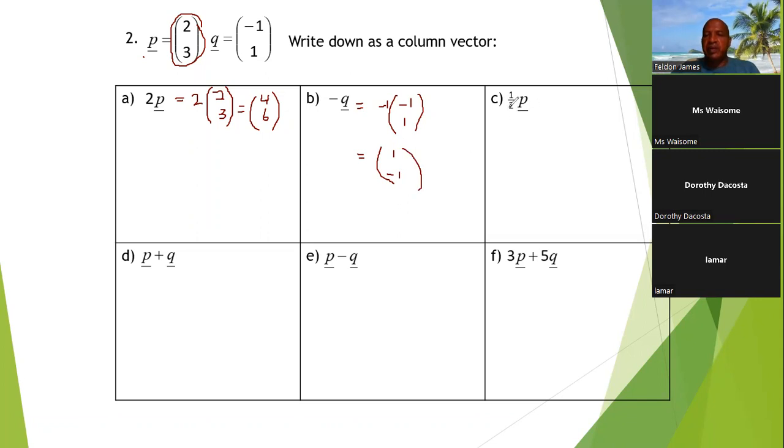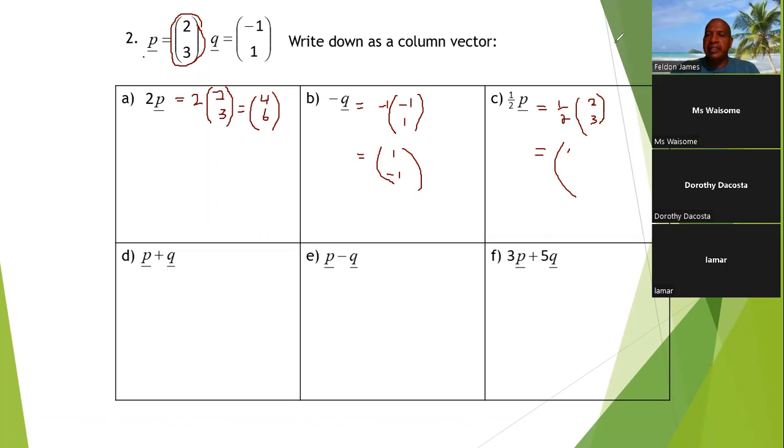All right, so for this one now, C would be half P. What would that be? P is what? 2 and 3. Half P would work out to be what, guys? 1 and 1.5.